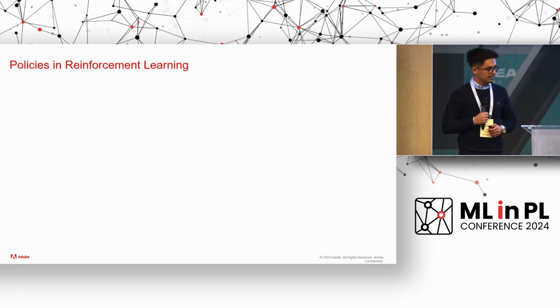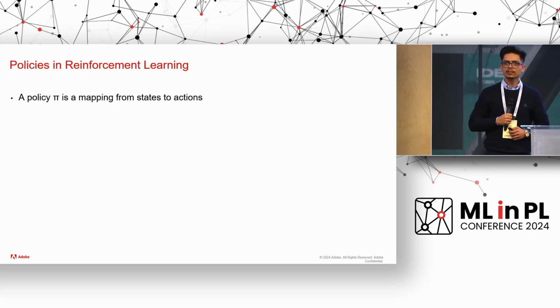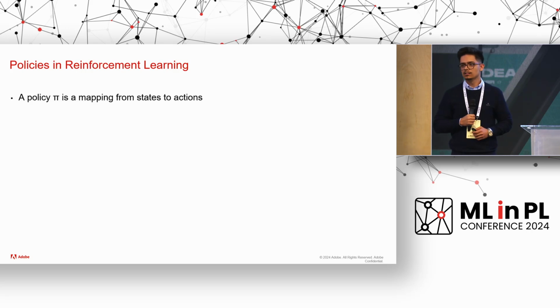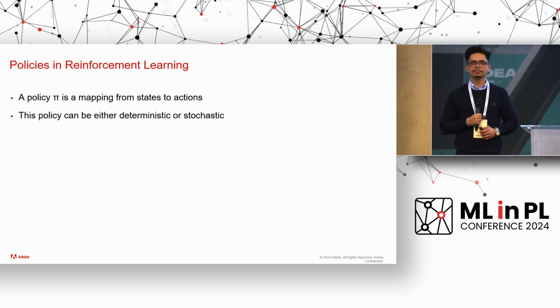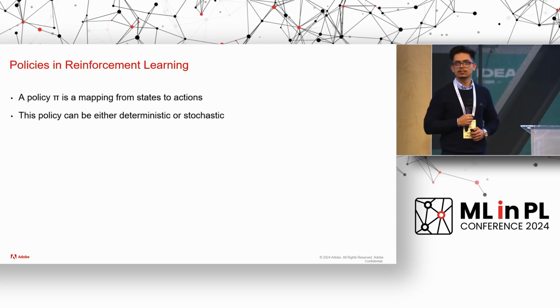So policies in reinforcement learning is basically the term used for models. A policy pi is mapping from states to actions, and this policy can be either deterministic or stochastic.